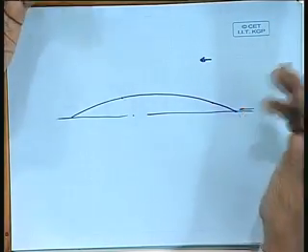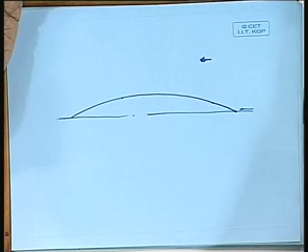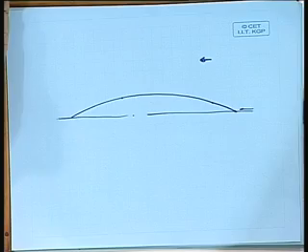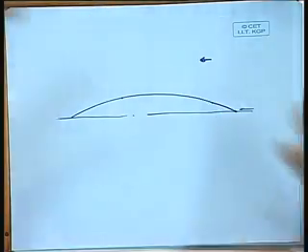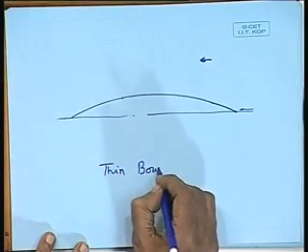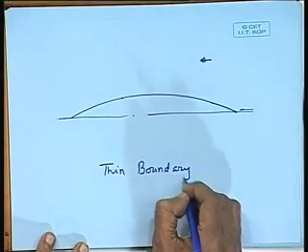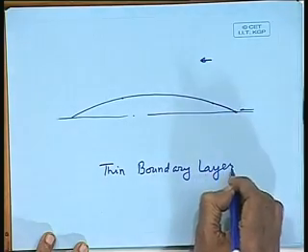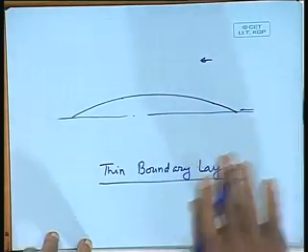We make, coming due to the great scientist Prandtl, we have what is called a thin boundary layer over a long narrow body. The thin boundary layer theory, that is, a boundary layer develops around a body which is thin.